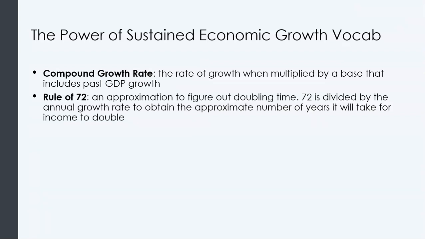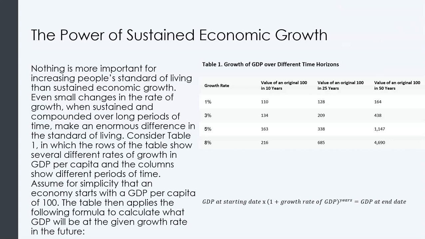Rule of 72 says that it's a way of approximating doubling time, if you've never heard of this, right? So you take 72 and you divide it by the annual growth rate, and that will give you the approximate number of years it will take for income to double. So going back to this right here, they didn't put this in a way that you can really do it, but 72 divided by 5 is a little over 14, I guess.